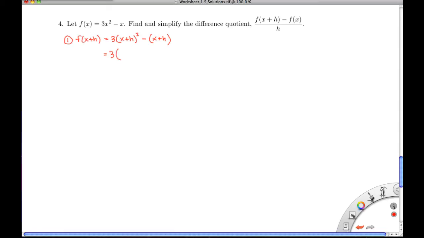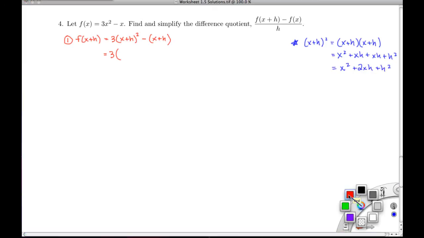If we multiply out x plus h squared, and I'm going to do this on the side just because this sometimes can be a spot for problems. If we've got x plus h squared, this is the same as x plus h times x plus h, which if we multiply out is going to give us x squared plus xh plus xh plus h squared, which simplifies down to x squared plus 2xh plus h squared.